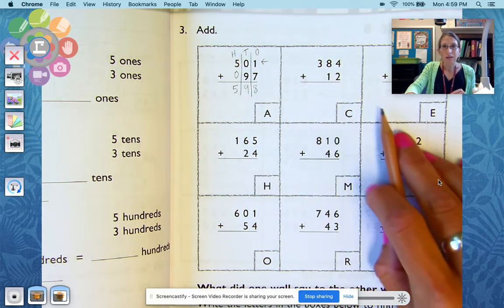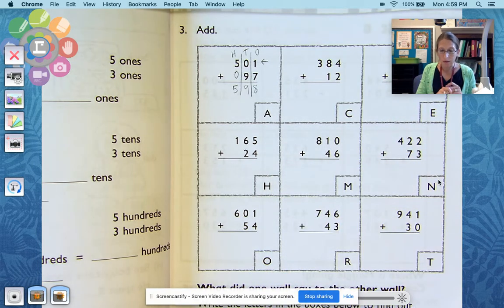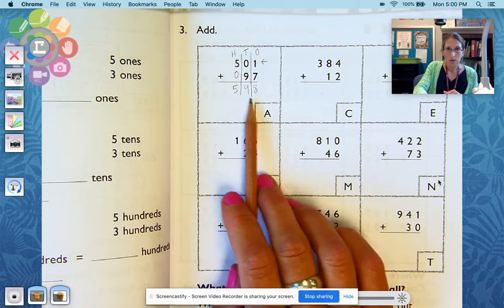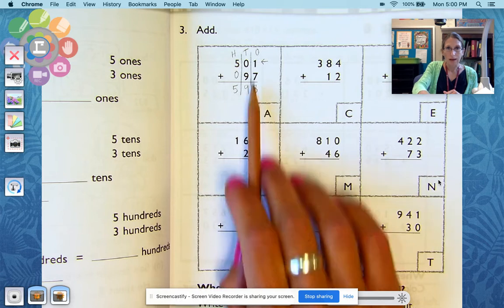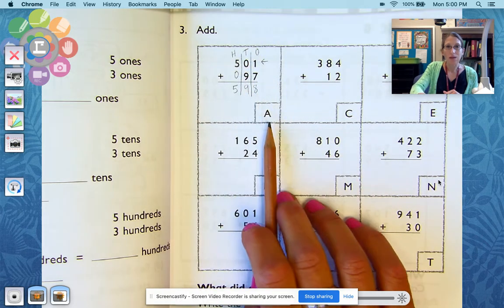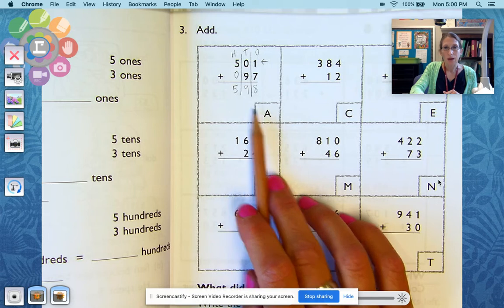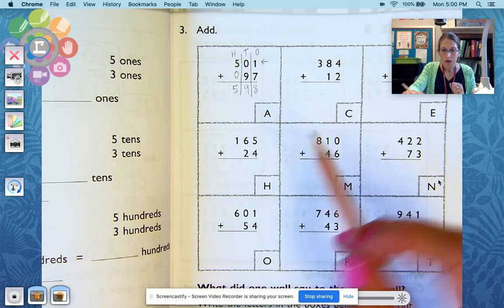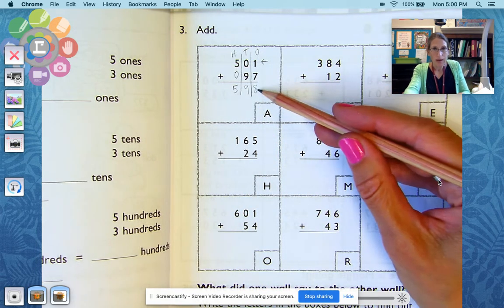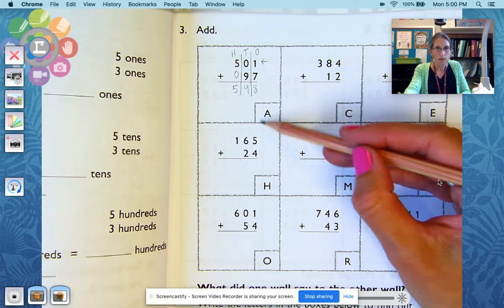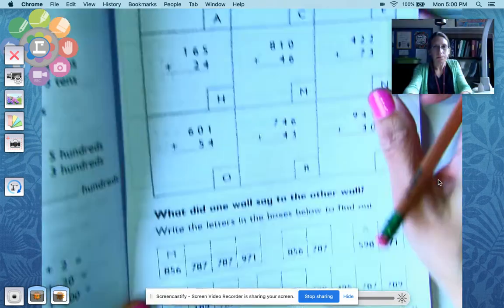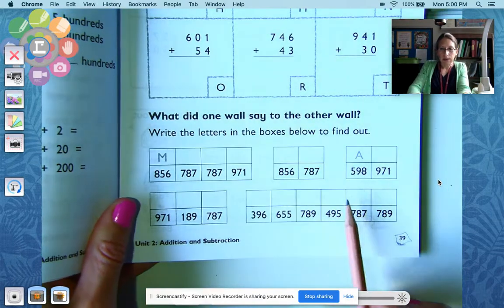Now, after you complete this page, there is a little joke at the bottom. It says, what did one wall say to the other wall? Write the letters in the boxes below to find out. So, what this means is you're going to answer the question. You're going to do your adding in the ones place and the tens and the hundreds, and then you're going to see your answer has a letter by it. And then what I'm going to do is I'm going to take my answer 598 and then there's an A. So I'm going to look at the bottom for 598.